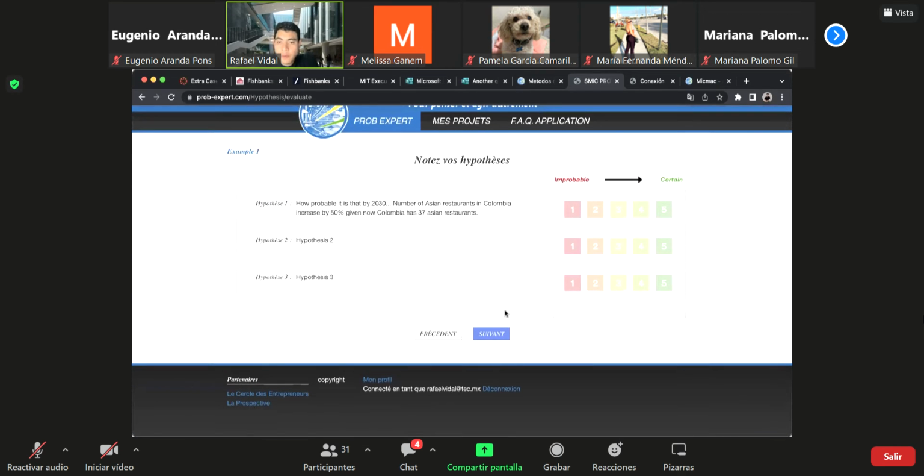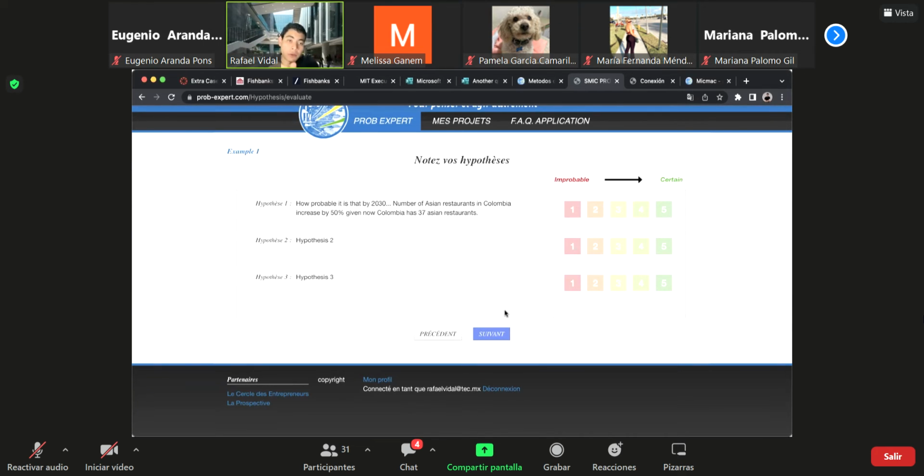So remember, we have two different types of probability, sorry, the simple probability, which is how probable is for the hypothesis 1 to occur or happen. And we have the conditional probability. It's how probable for hypothesis 2 is to happen given that hypothesis 1 happened, or the conditional negative probability.